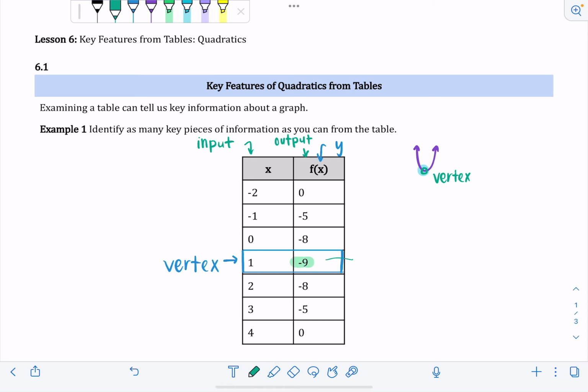So -9 is our minimum. And every single quadratic graph has either a minimum or a maximum. It can't have both, it just has one or the other, but it for sure has one or the other. So we have our vertex, we have our minimum.